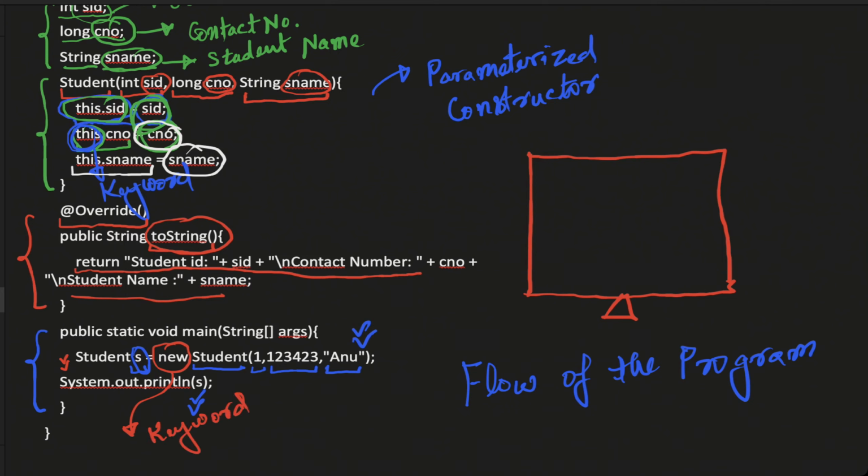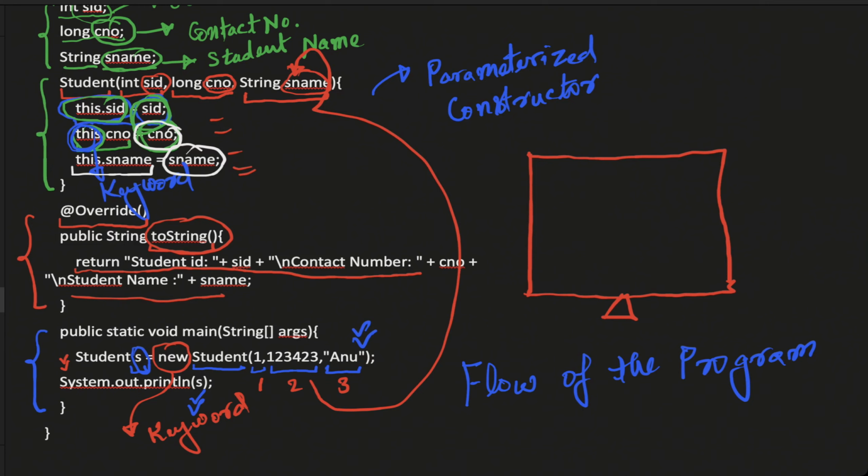Now these three parameters, 1, 2, 3, we are passing into the constructor. So what will happen is the control flow will go here, enter inside, and run all these codes.